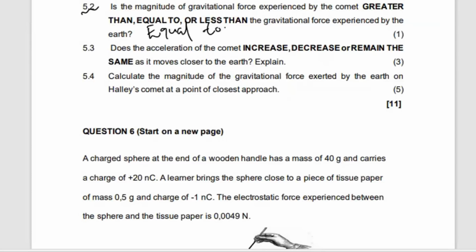Then 5.3, does the acceleration of the comet increase, decrease, or remain the same? We know that F net is equal to ma, and the force is directly proportional to the acceleration. At the closest point, the distance decreased.